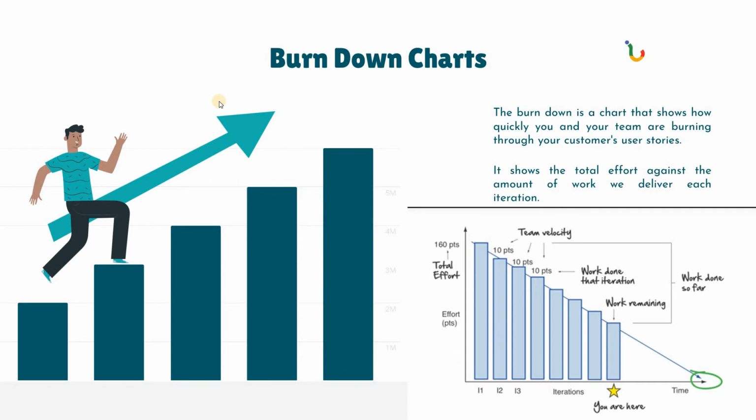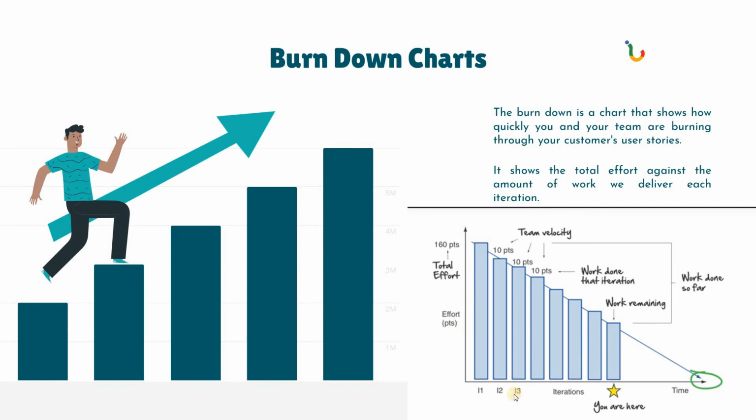So the burn down chart shows how quickly the entire team is burning through the customer's user stories. How are we going to complete all of the user stories? A user story is the requirement which is given by the customer. So what is the work remaining? Which part shows the work remaining items?